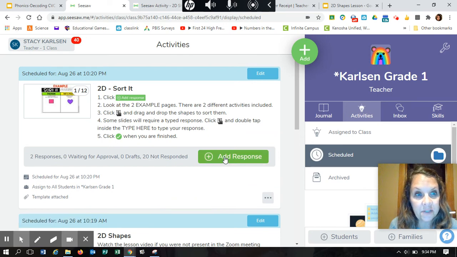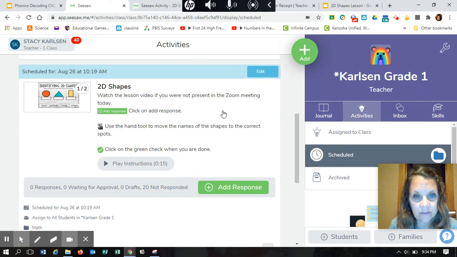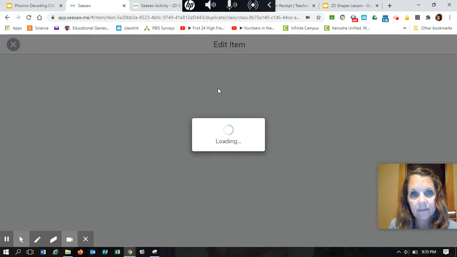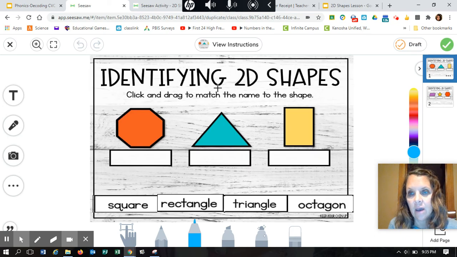So you will click on Add Response. Okay, so it says 2D shapes. You're going to click on Add Response. And there are 2 pages of 2D shapes. The choices of the names of shapes are at the bottom.